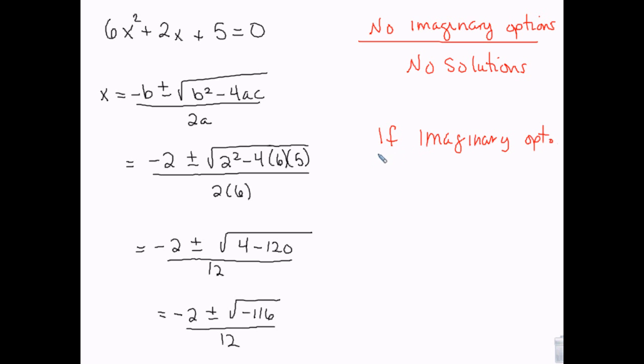But if you're allowed to use imaginary numbers, then we have to go further. Okay? So I'm going to take that 116 and I'm going to factor it and see what I get.